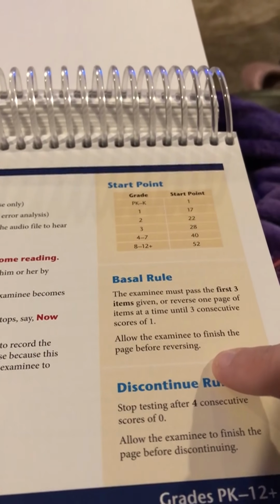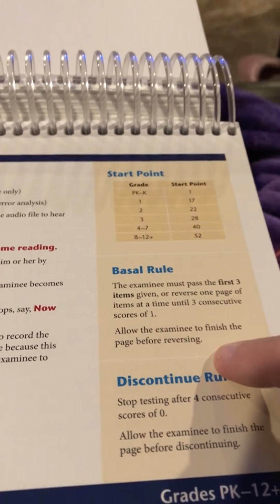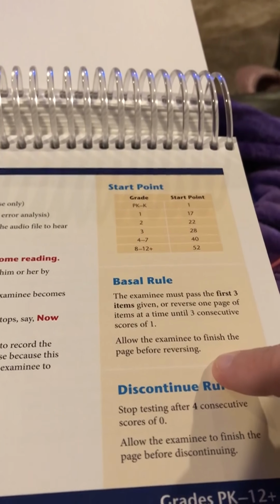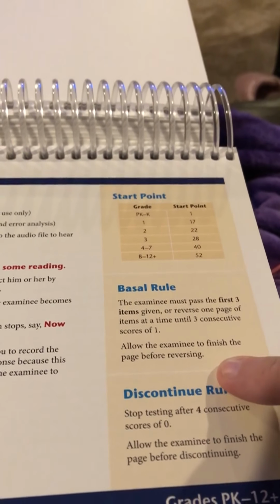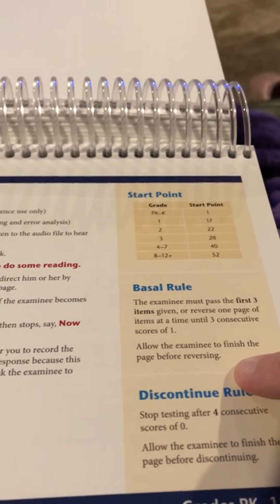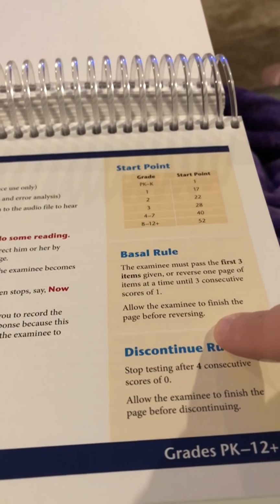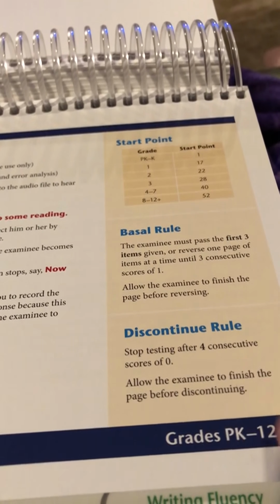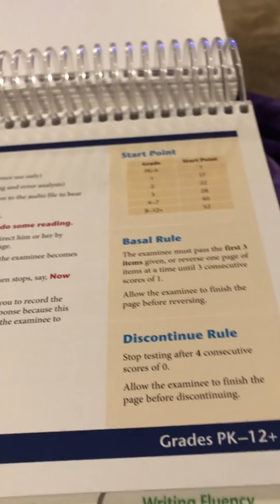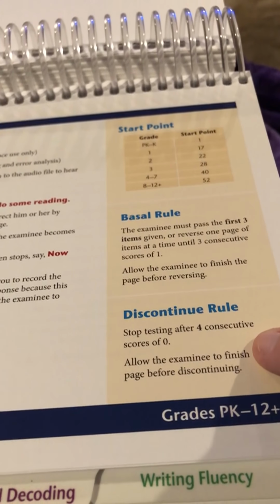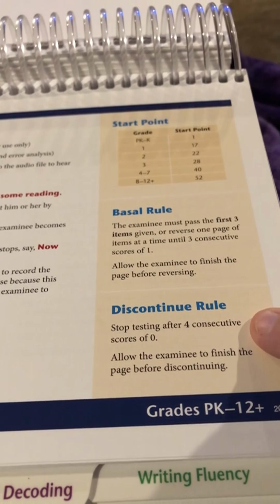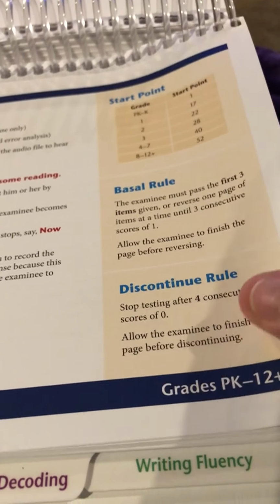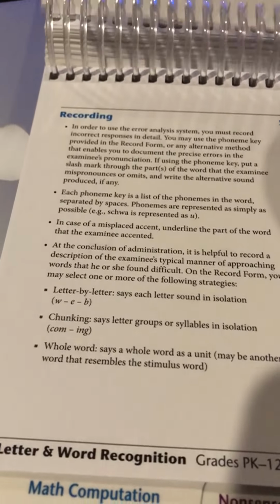This says that you should allow the examinee to finish the entire page before reversing, and you can, but if they are clearly frustrated, then I would encourage you just to stop and not let them finish the page. You can kind of gauge that based on how your student is responding. Again, stop testing after 4 consecutive scores of 0. Okay?